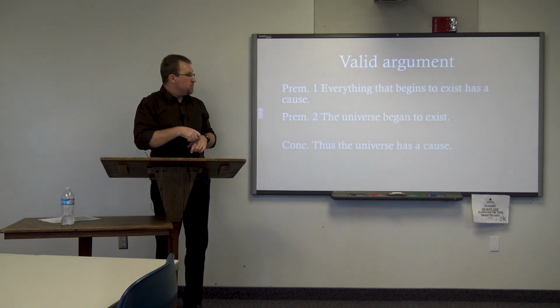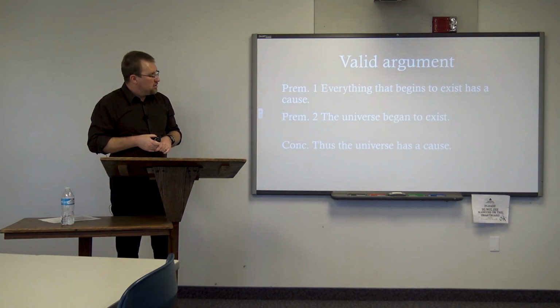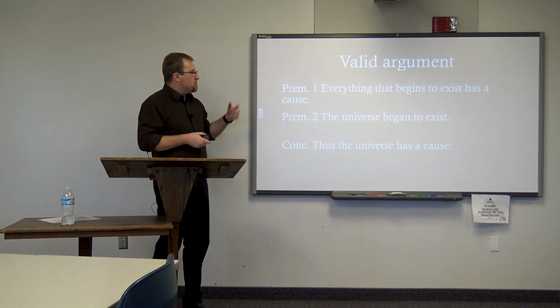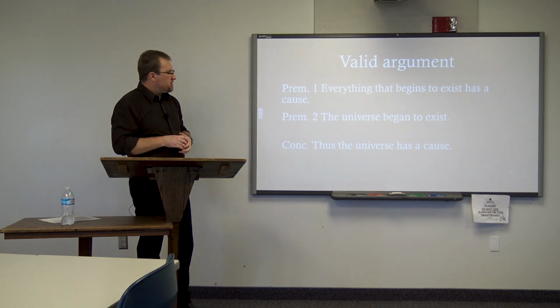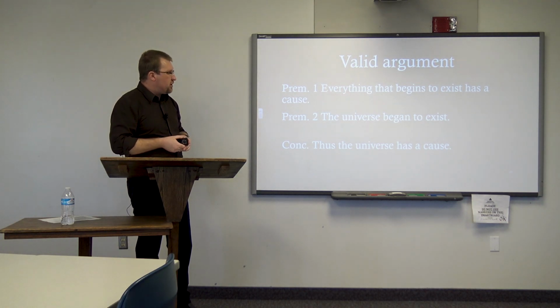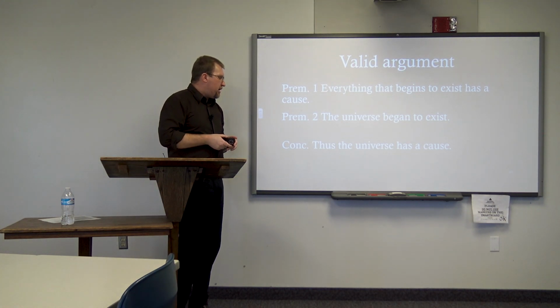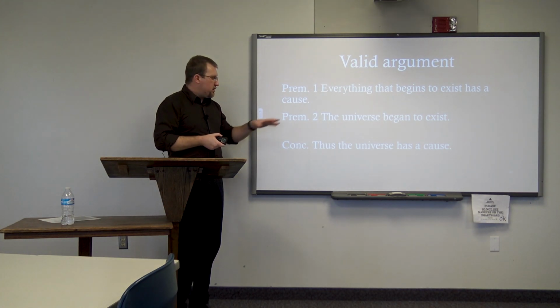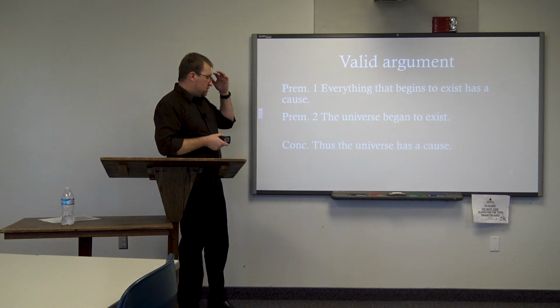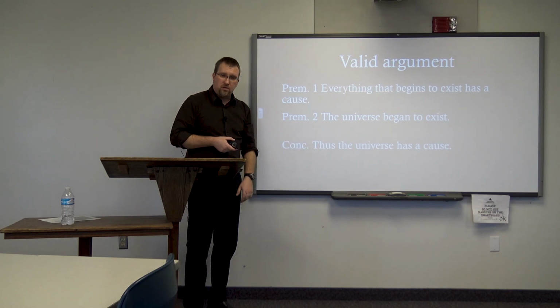So here's an example of a valid argument, one where if you accept the premises, you should accept the conclusion. This is called the Kalam cosmological argument for God's existence. Everything that begins to exist has a cause, first premise. Second premise, the universe began to exist. Conclusion, thus the universe has a cause. This argument is valid because if you accept premise 1 and premise 2, you ought to accept the conclusion.